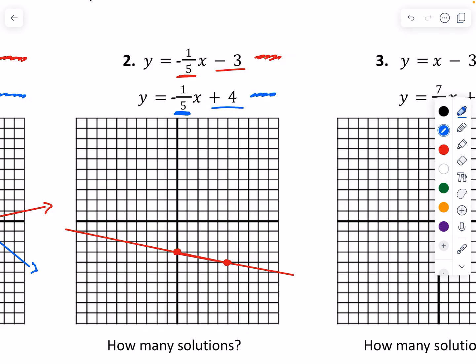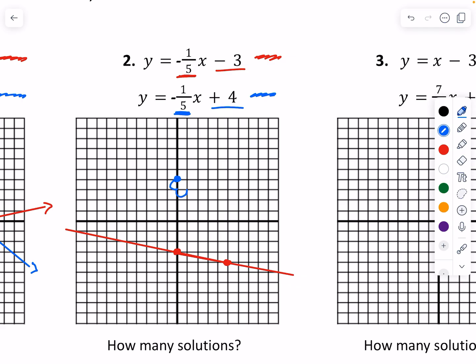Okay, we're going to start by going up four. One, two, three. Whoa. One, two, three, four. Forgot how to count for a second. Okay. And then again, I'm going to look at my slope. My slope is that -1/5. And I'm going to go down one, right five.